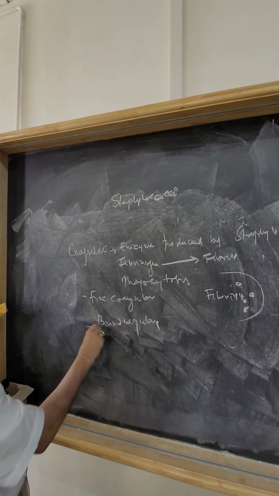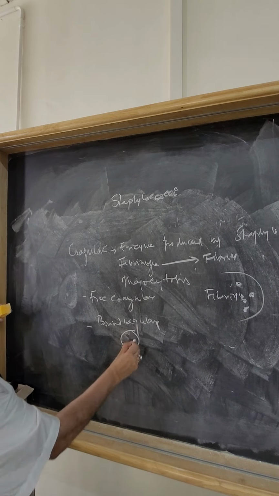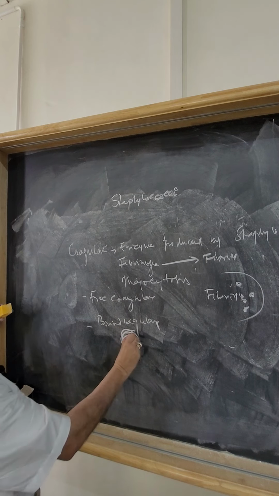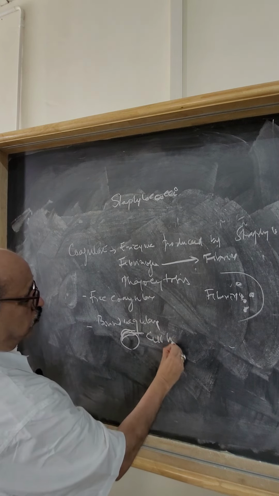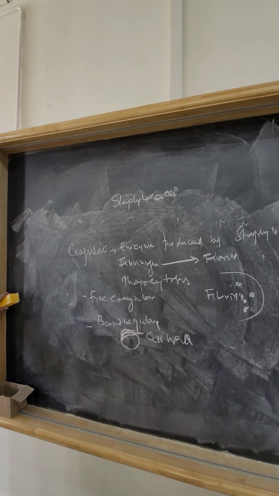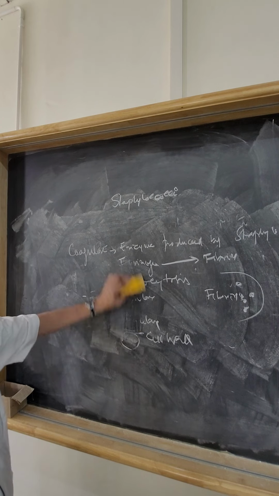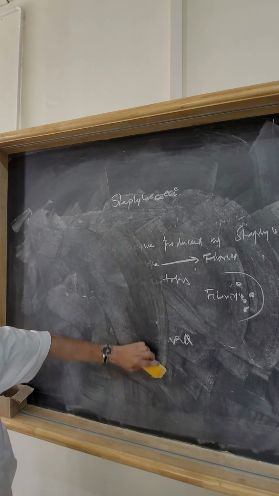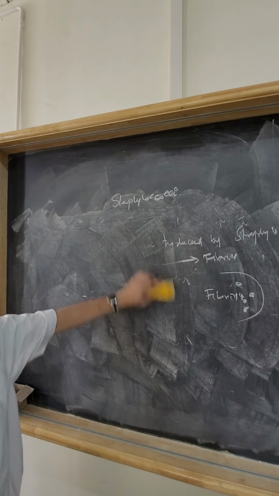Bound coagulase is a part of the cell wall. Free coagulase is diffused into the medium.